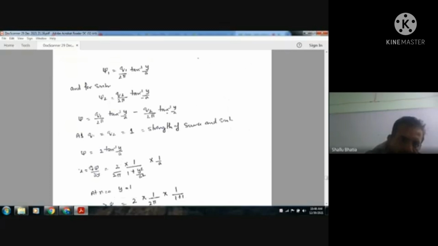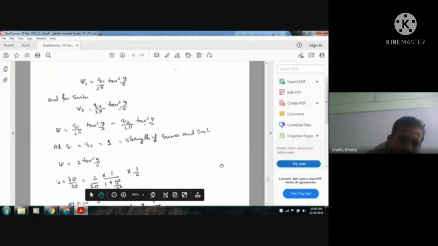So differentiating with respect to y, it should be divided by 2 pi.